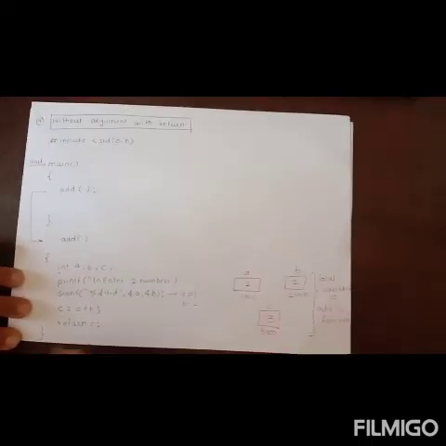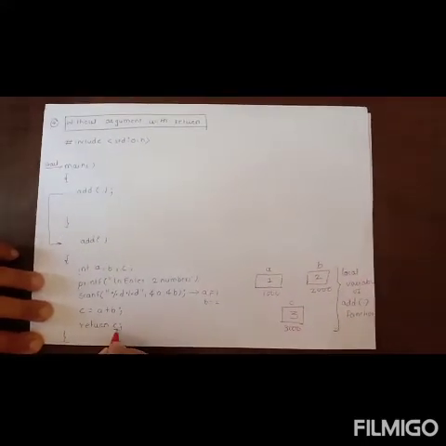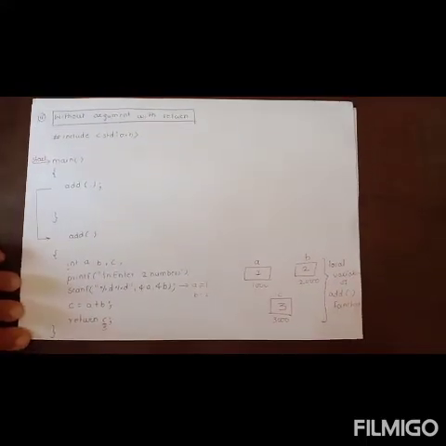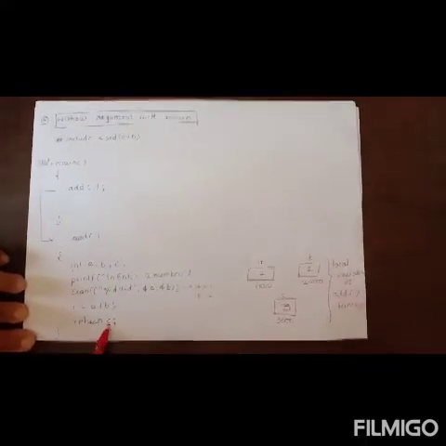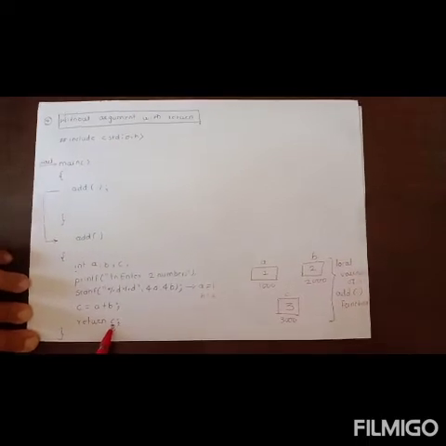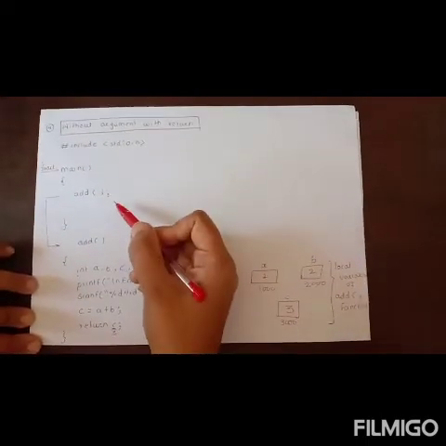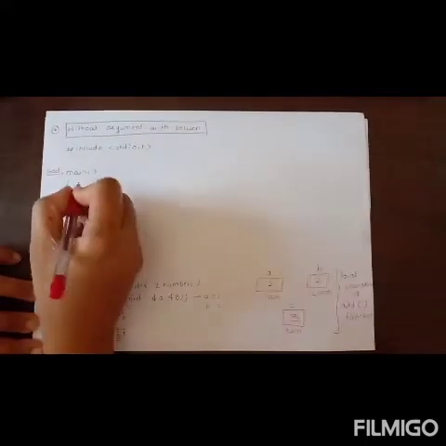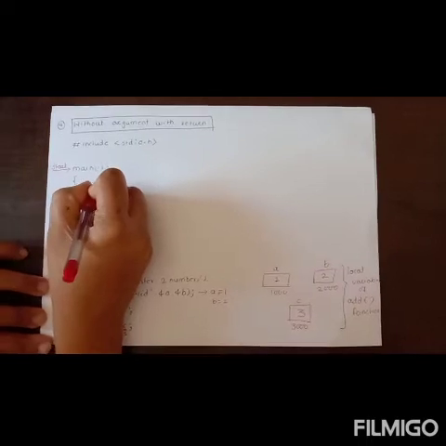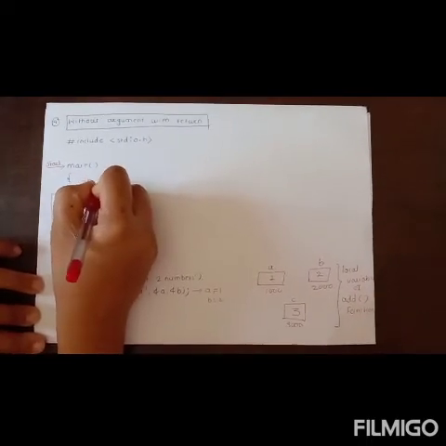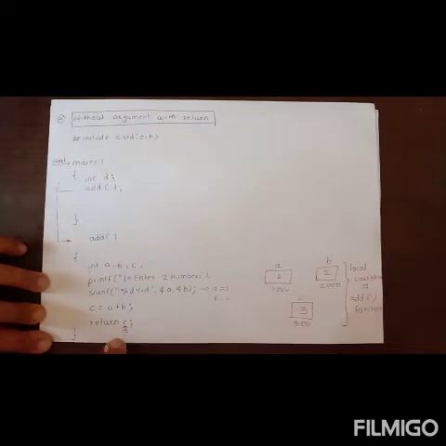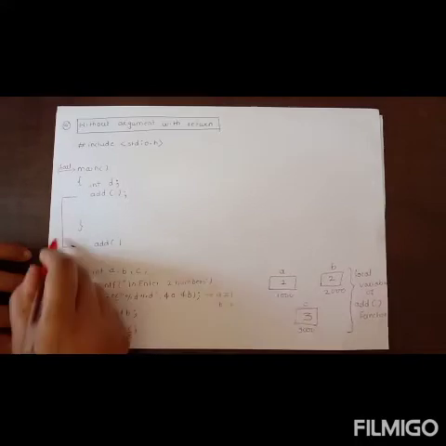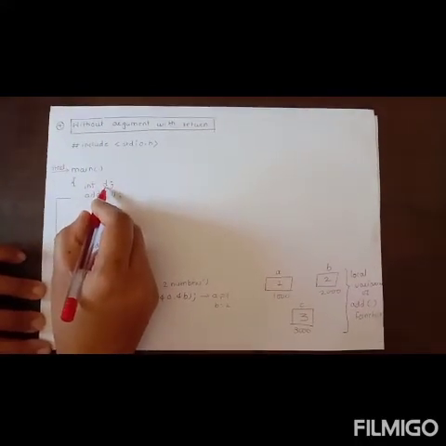Okay, and now this c, that is 3, I want to return back to my calling function. So as we know, whenever we send a local value to another function, we require an extra variable to receive that. So here I'll write int, suppose d. That means whenever we return the c value, we receive that in d.